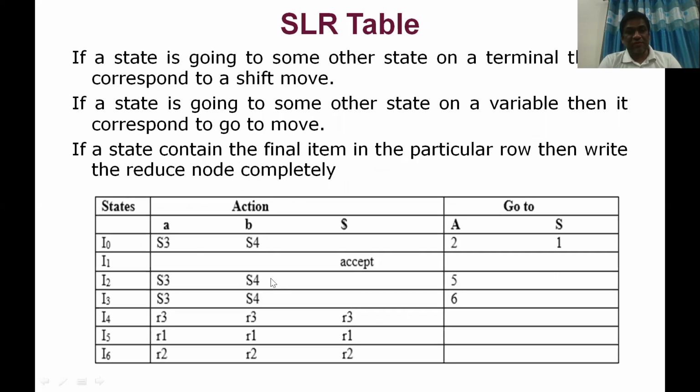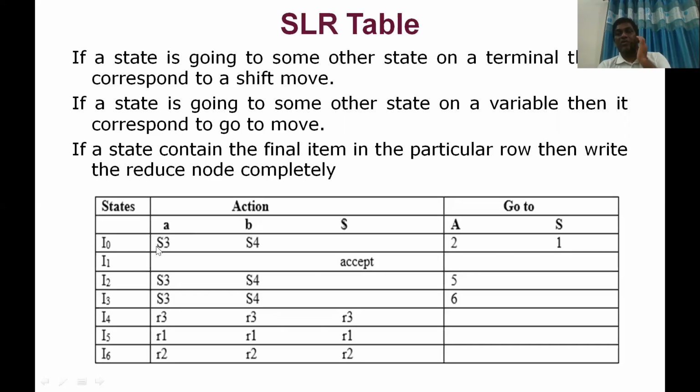So let us fill it. I0 comma small a is shift 3, S3. I0 comma small b is shift 4, S4. This number is the state number, and S stands for shift operation. The meaning is, from I0 on small a, it is going to state 3, therefore perform a shift operation.